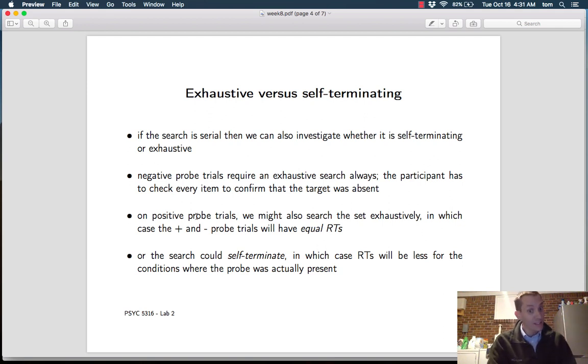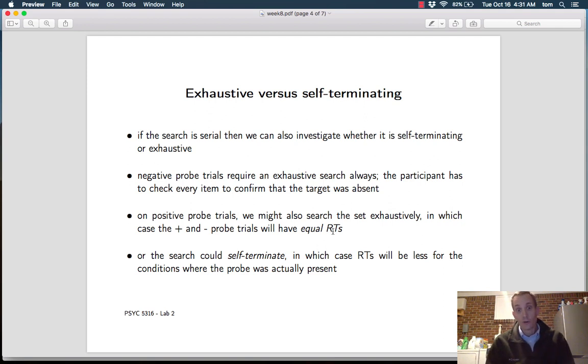But on the positive probe trials, the ones where the target actually is present, there's a couple of ways that we could process it. First is we could search through the set exhaustively. We could look at every single thing in the memory set. And if that's the case, then there'll be no difference between the positive probe trials and our negative probe trials. They'll have equal RTs.